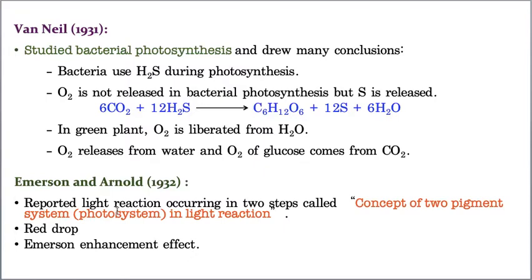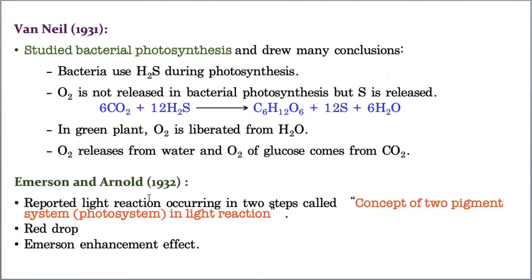It needs lots of chemical reactions which can be broadly categorized into two phases. The first phase is called the light phase, and the second one is called the dark phase. So photosynthesis takes place in two phases. The light phase takes place in the thylakoid membranes, whereas the dark phase takes place in the stroma.